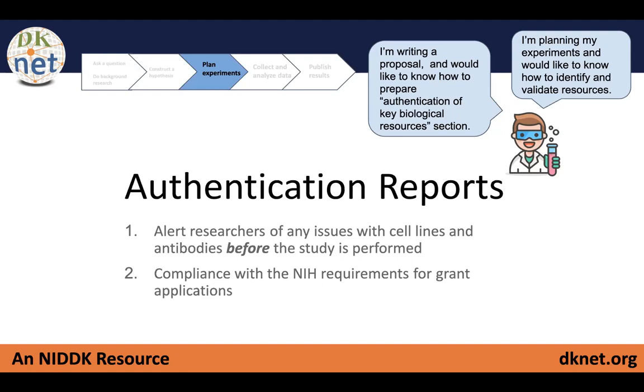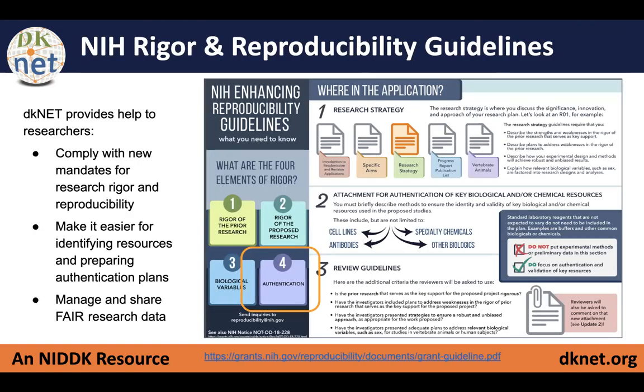So getting earlier in the experimental process, and this ties into NIH's rigor and reproducibility guidelines, where authentication is a key part of this, and the need for researchers to develop authentication plans that they must submit with their proposals. In addition to that, at the end of a study, to make your data shareable. So, this is a large area for NIH.